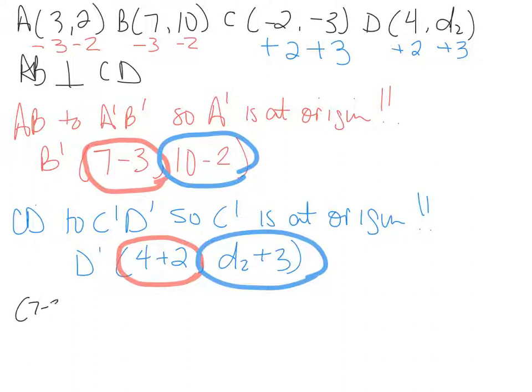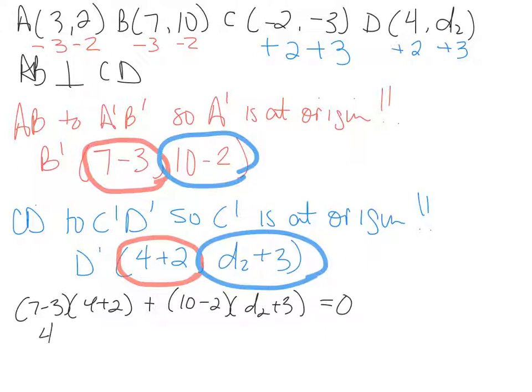So 7 minus 3 times 4 plus 2 plus 10 minus 2 times D2 plus 3 equals 0. So 7 minus 3 is 4 times 6 plus 8 times D2 plus 3 equals 0. 24 plus 8D2 plus 24 equals 0.